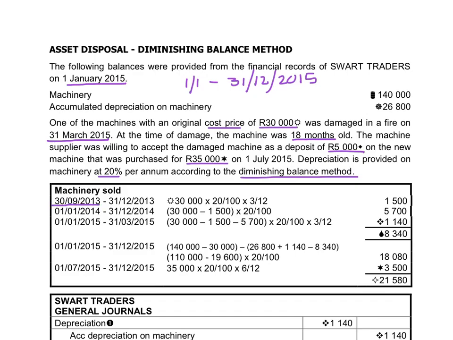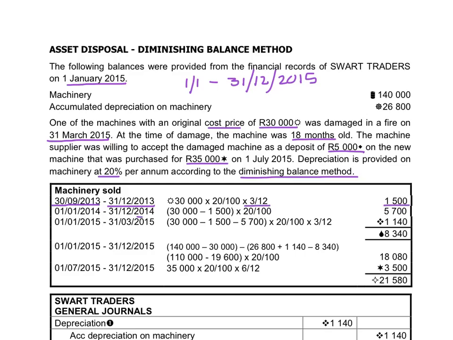The end of the financial year is every year the 31st of December. We didn't write off depreciation for September because it was on the last day of the month. So in that first year, we only wrote off depreciation for October, November, December. That is 3 months, and that gave us 1,500.